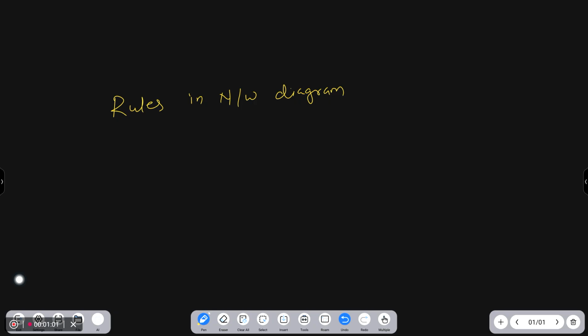Here, what is the arrow? Arrow means it's an activity. And what do you mean by circle? It's an event. In the last lecture, I also explained this concept, right?